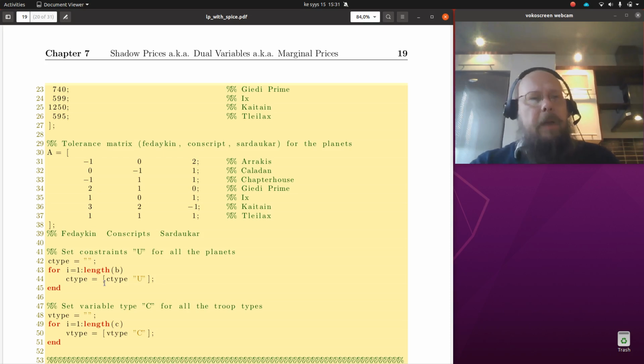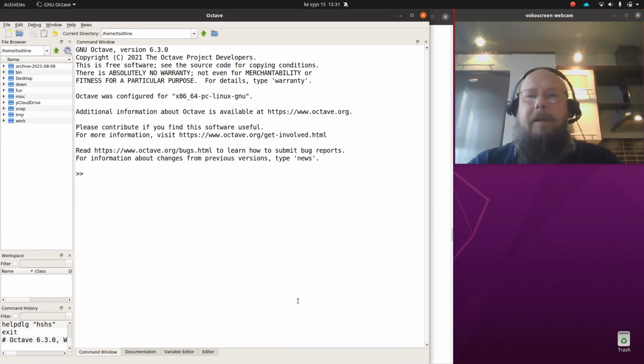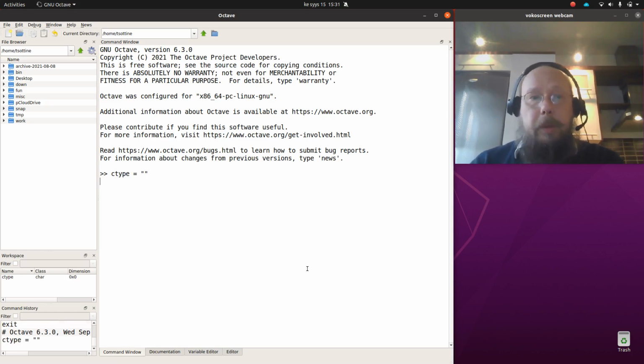Okay, maybe I'll show you. I said that I will not use Octave here, but let me make myself a liar and show you a little bit how this works so you can see it. I start with Ctype as empty. Now I don't put semicolons there so you can see the output. Now Ctype is nothing.